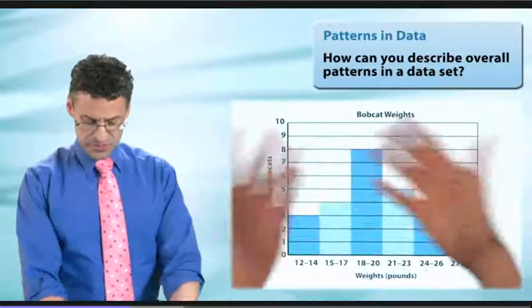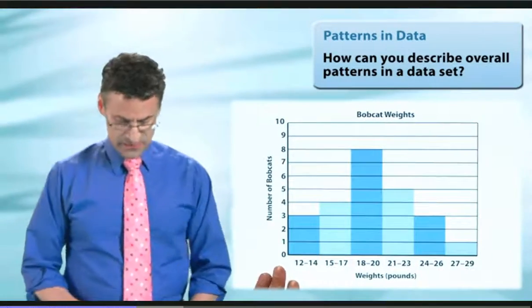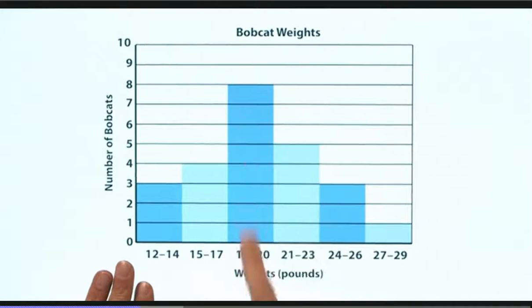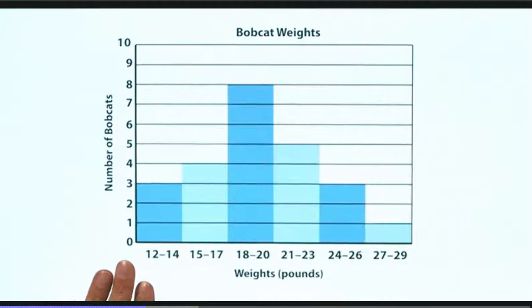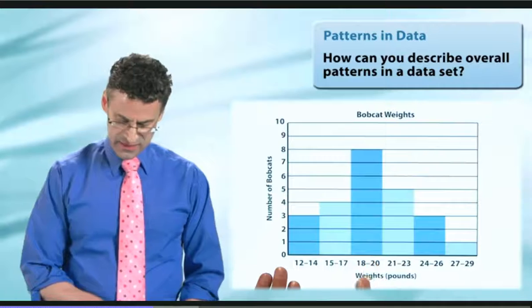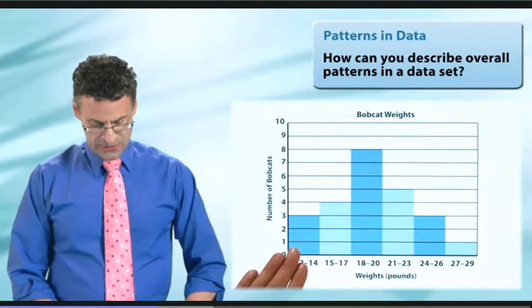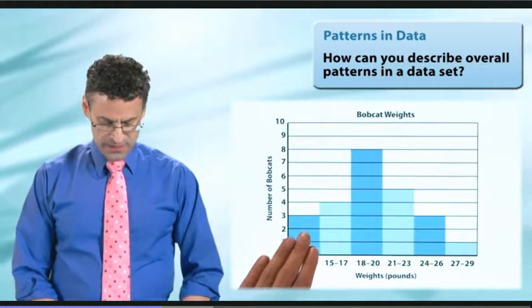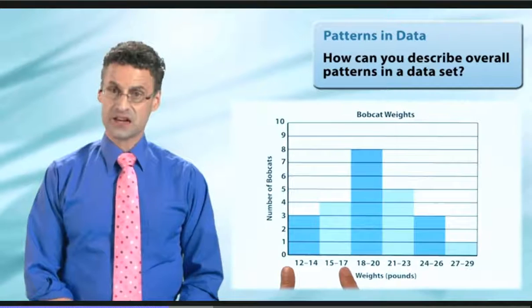Interesting. You can also read a lot just from the graph. For example, you could see that the peak is somewhere between 18 and 20 pounds in terms of the most popular weights. 8 bobcats weigh something in that range. And notice that the popularity seems to be increasing to the peak as the weights increase.